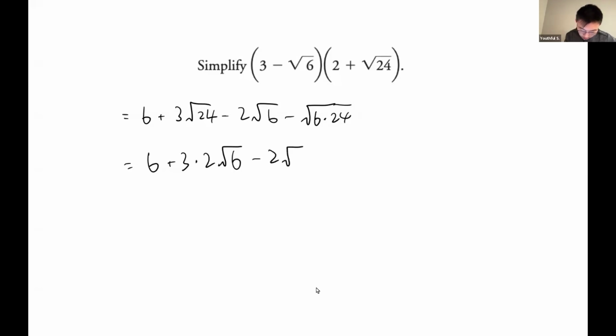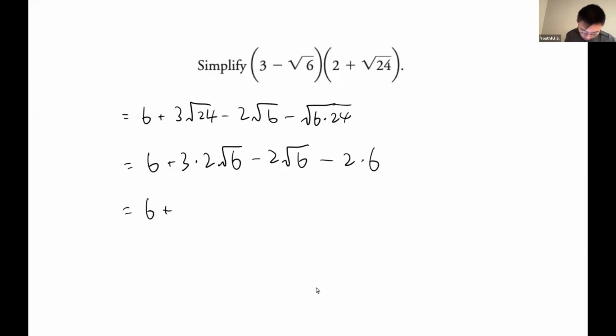Minus 2 root 6 minus. Okay, the 24 we can get rid of a 4. So 2 root 6 times 6. So we get just 2 times 6. All right, so we get 6 plus 2.